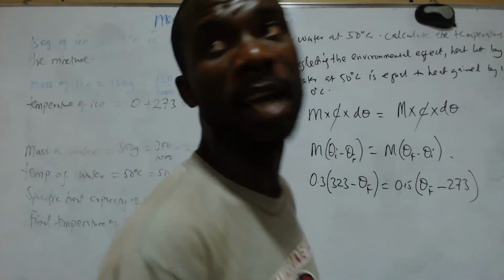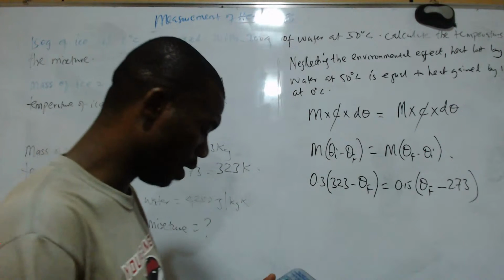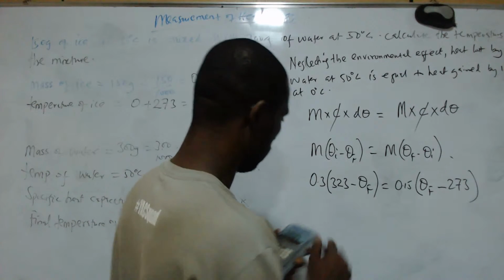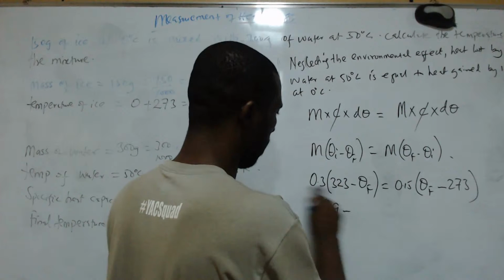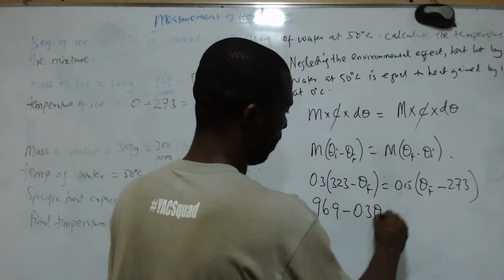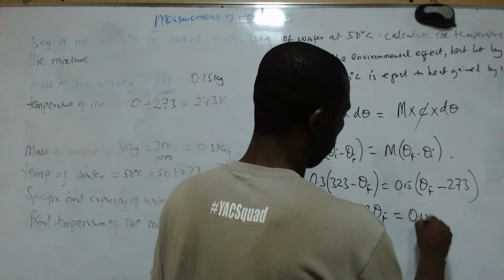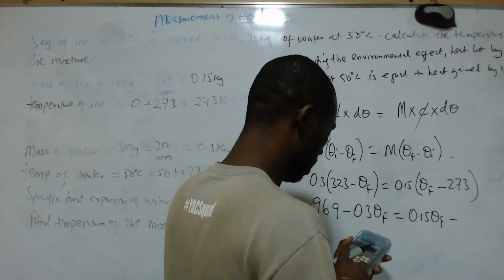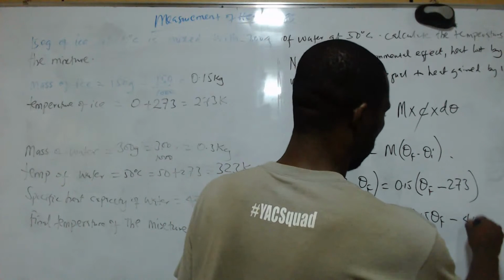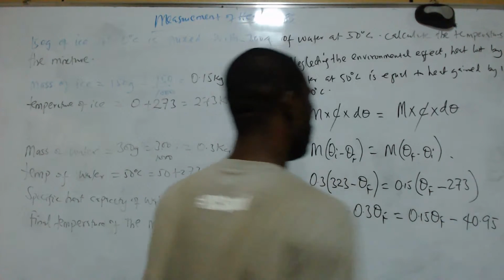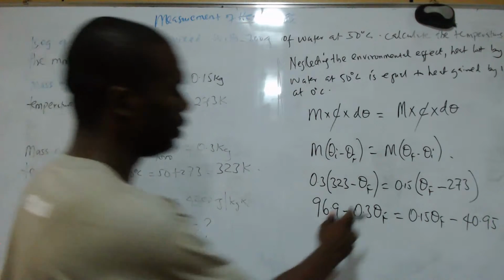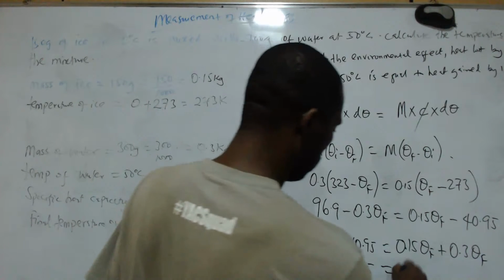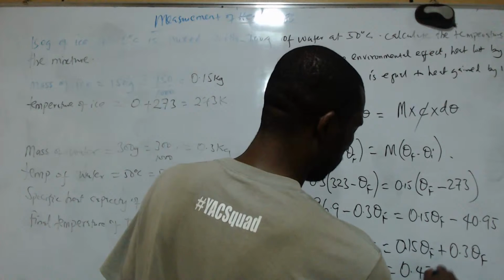Now we will expand. By application of expansion, we have that 0.3 times 323 will give us 96.9 minus 0.3 theta final, equal to 0.15 theta final minus 0.15 times 273, which will give us 40.95. Now we'll collect like terms together. So 0.15 plus 0.3 gives us 0.45 theta final.